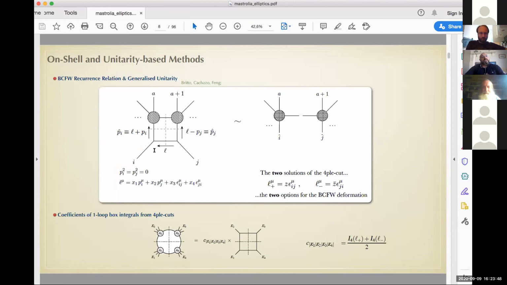a tandem progress on the analysis of the quadruple cut technique, which enables to extract the coefficient of an integral, in particular of the box, one loop box function, essentially by residue theorem.